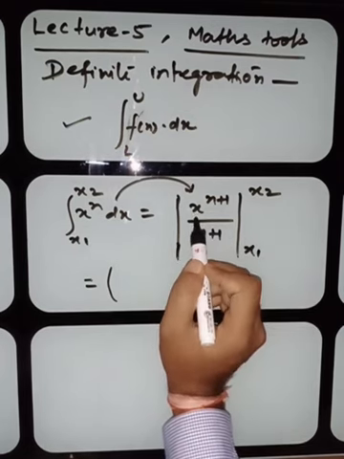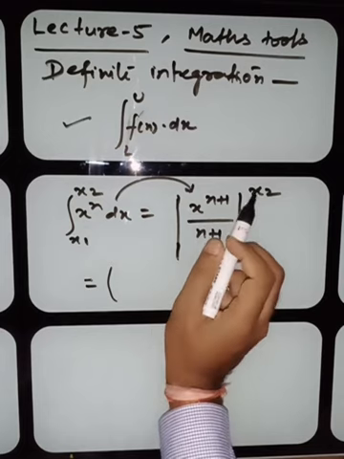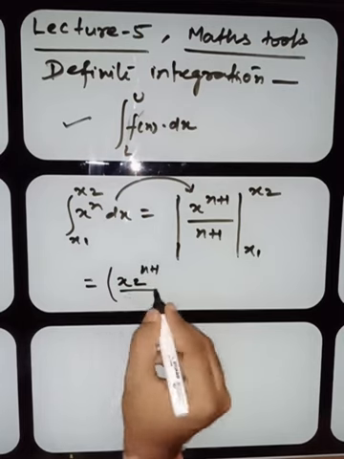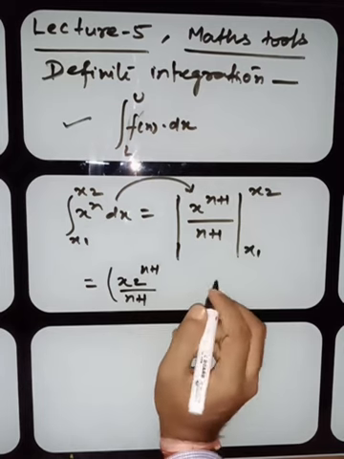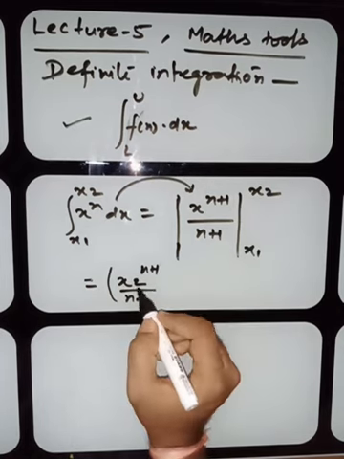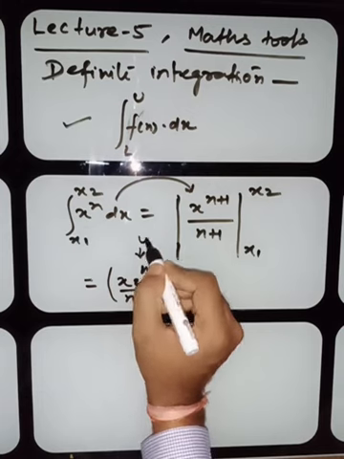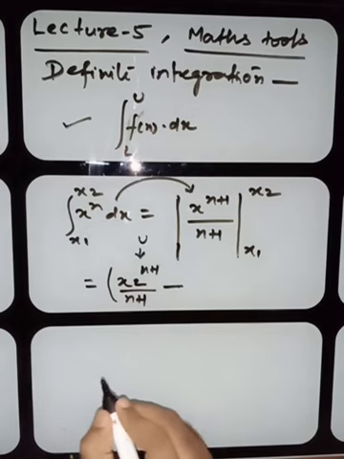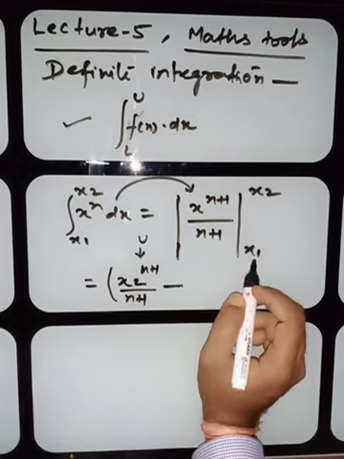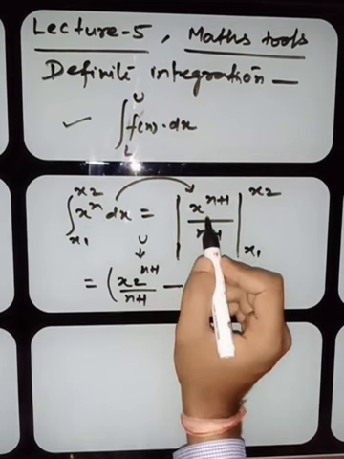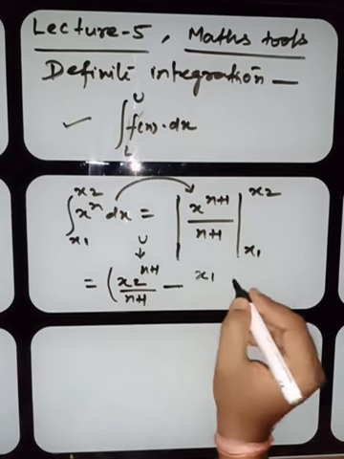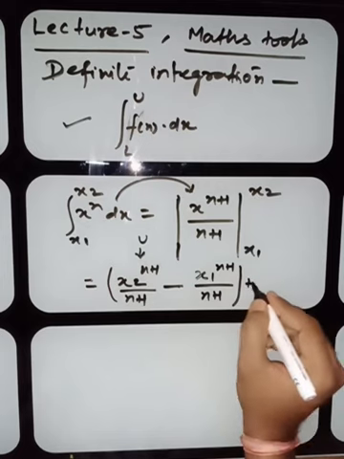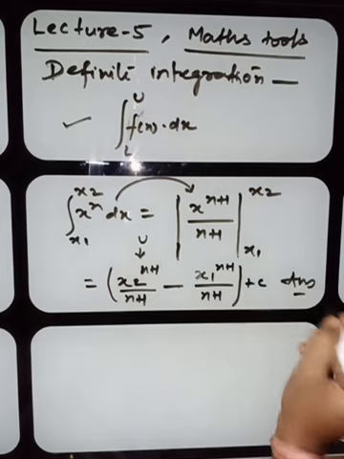Here the variable is x, so you put the upper limit x2 to the power n plus 1 divided by n plus 1. Then minus, you put the lower limit at the same place where you put the upper limit: x1 to the power n plus 1 divided by n plus 1. This is the answer, very simple.